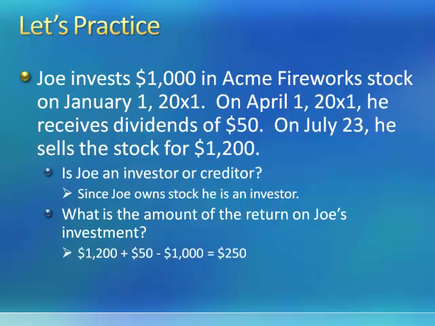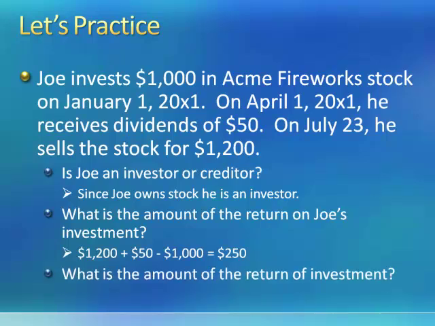So the return on the investment is the total amount repaid, $1,200 plus $50, minus the original $1,000 investment. So the return on the investment is $250. Finally, what is the amount of the return of the investment? The return of the investment is the same as the original investment or the purchase price of the stock, which is $1,000.